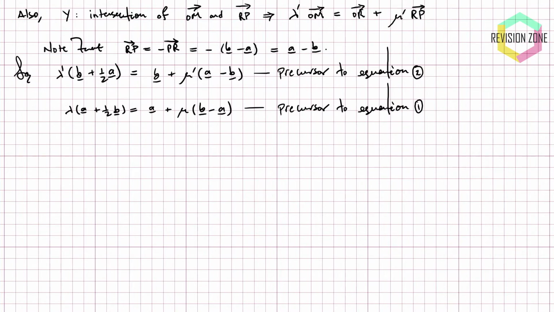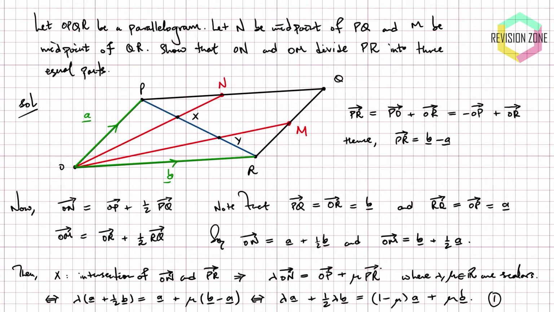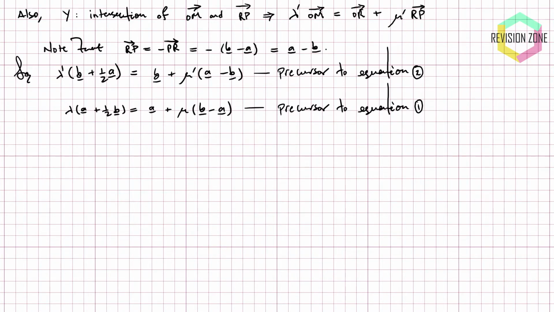For obvious reasons, we can't label these lambda and mu, because that would be putting into the question by hand that the scale by which you have to scale P to R to get to X is the same as the scale by which you have to scale R to P to get to Y, and we don't know that's the case. We need to show that's the case, so we certainly can't assume it. So we certainly need two separate scalars in each case, okay?